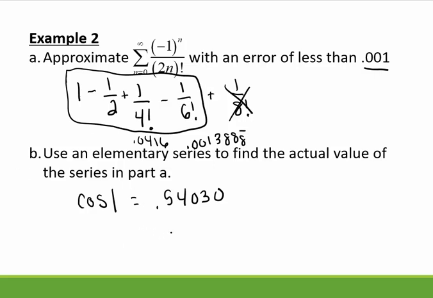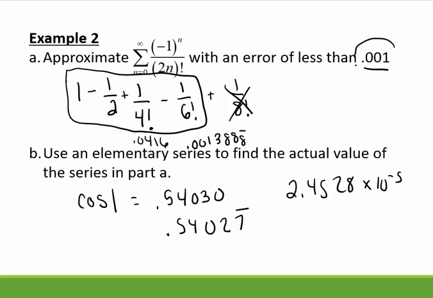When I add up all those terms, I get 0.54027 repeating. So if I subtract cosine of 1 minus my previous answer, I get what the error is, and the error ends up being 2.4528 times 10 to the negative 5th. Well, if you think about it, that number is definitely less than that. So we've approximated cosine of 1 with a bunch of terms.